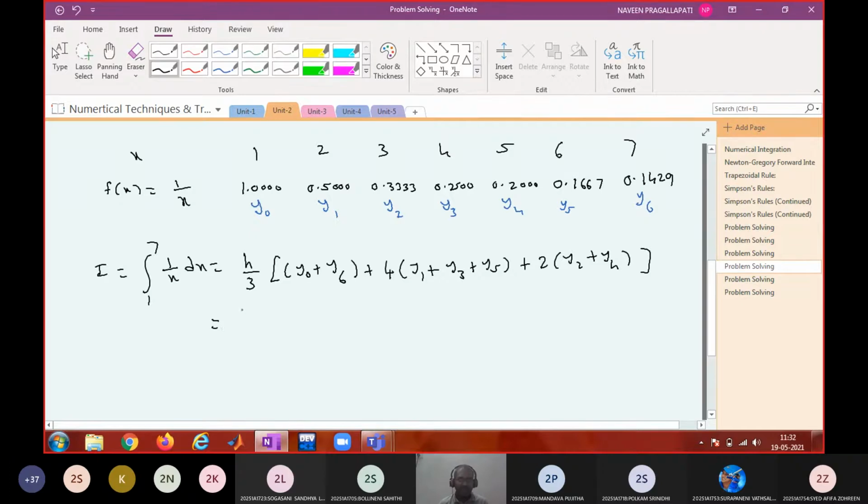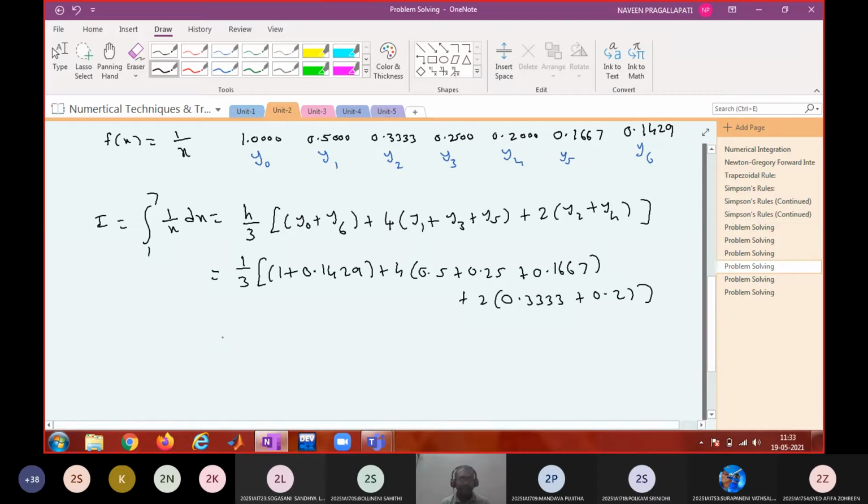Now substitute all the values and simplify. So h is 1 here. 1 divided by 3 into 1 plus 0.1429 plus 4 times 0.5 plus 0.25 plus y5, 0.1667, plus 2 times y2, 0.3333, plus y4, 0.2.